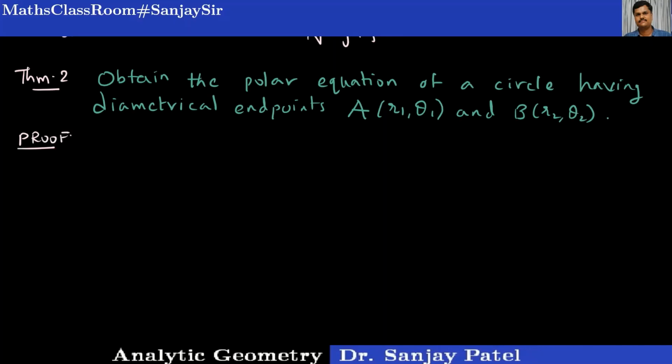What is the meaning here? First of all, let me draw a circle with diametrical endpoints A (r1, theta 1) and B (r2, theta 2). Say like this.